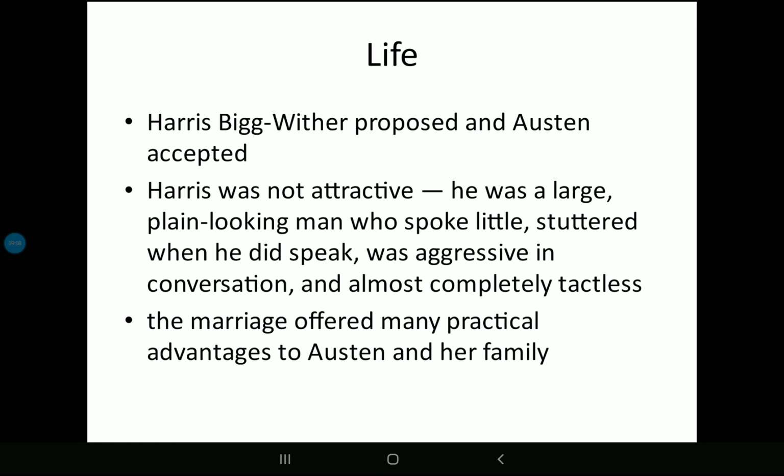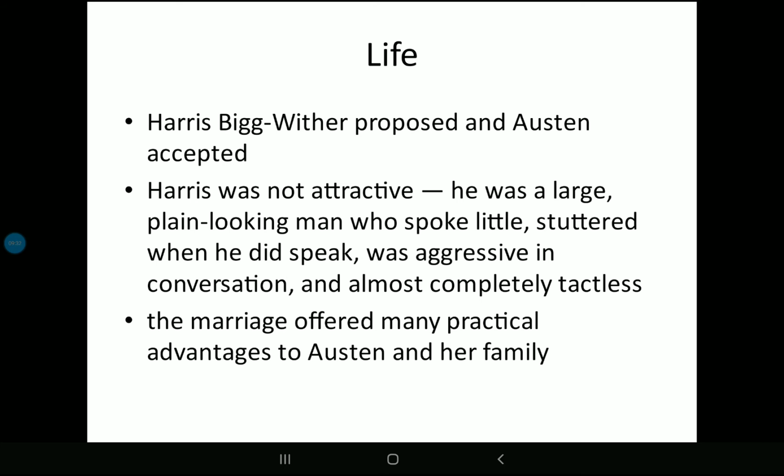Harris Bigg-Wither, a widow's son, proposed to Austen, and Austen accepted. Harris Bigg was one of the characters who seems very important in Austen's life. Harris was not attractive. He was a large, plain-looking man who spoke little, stuttered when he did speak, was aggressive in conversation, and almost completely tactless.